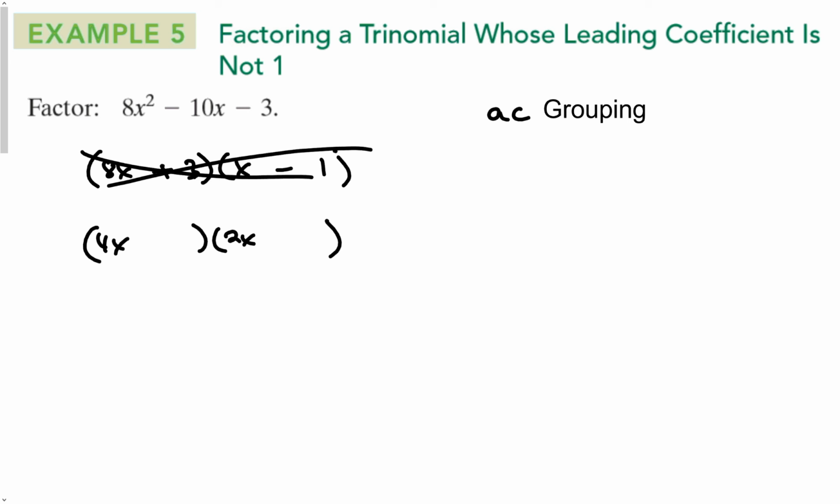Okay? So what I can do now is try to put the 1 and the 3 in this one. I can see that 4 times 3 is 12, 2 times 1 is 2. Negative 12 and a positive 2 give me a negative 10.